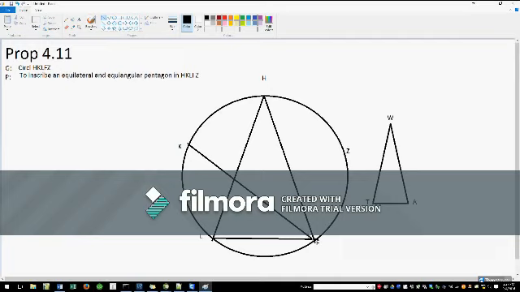Let the angle at L and the angle at F be bisected by the straight lines LZ and FK. Good. And let KH, HZ, ZF, and KL be joined.